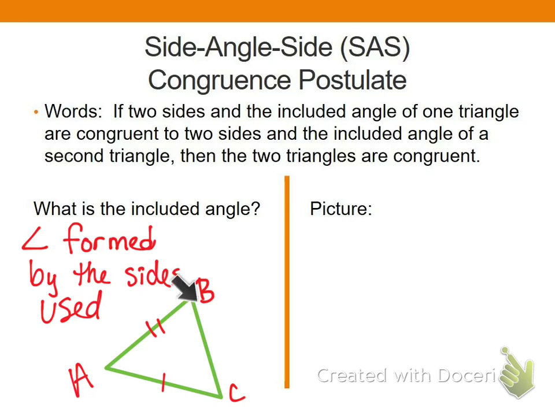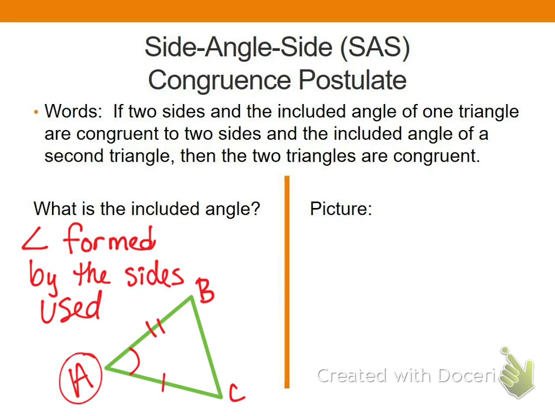A. Okay, so if we were to trace over those sides that I marked, I would be tracing over angle A. So angle A is the included angle in this situation. Questions about what it means to be the included angle?